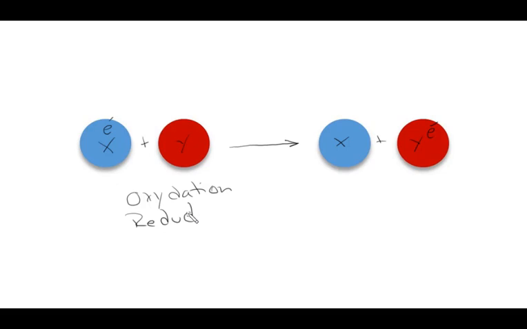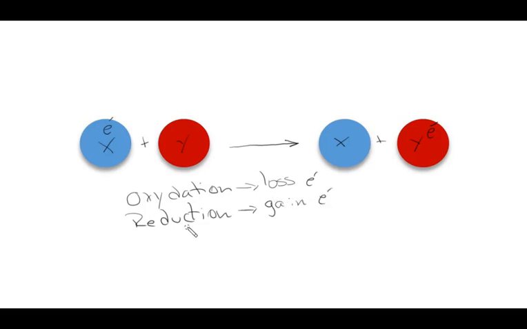Reduction and oxidation are two counterparts of a redox reaction. The oxidation is the loss of electrons, and you guessed it, if oxidation is a loss of electrons, we can deduce that the reduction is a gain of electrons.